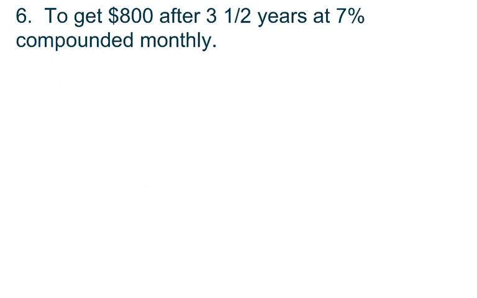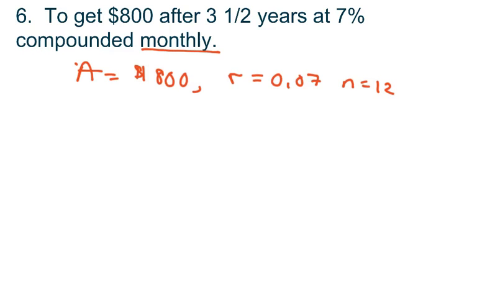Okay, the next one, and we just have a few more. To get $800, 3.5 years at 7% monthly. So we get A equals 800, R equals 0.07, N equals 12, it's compounded monthly, and T equals 3.5.